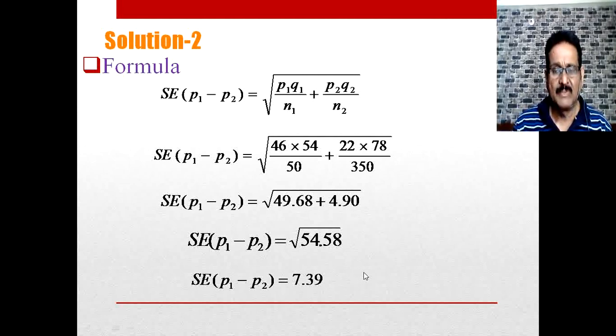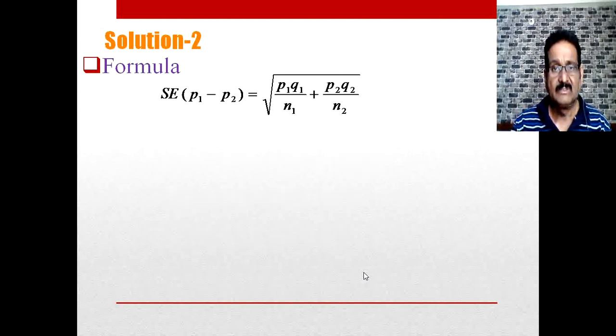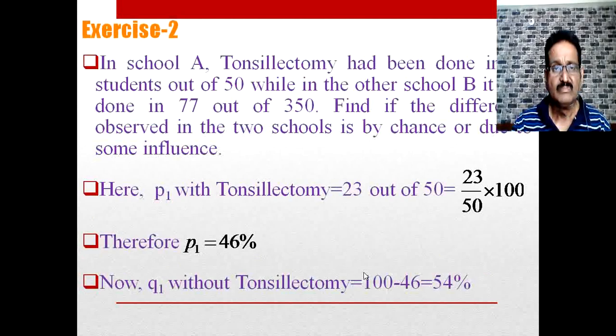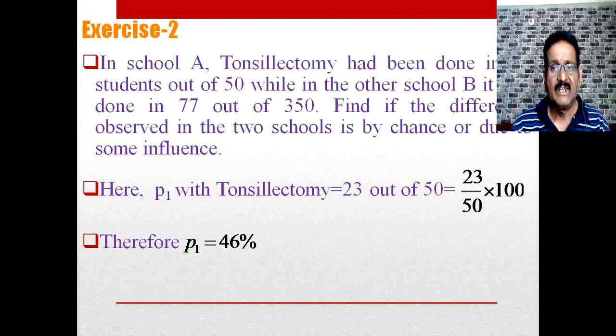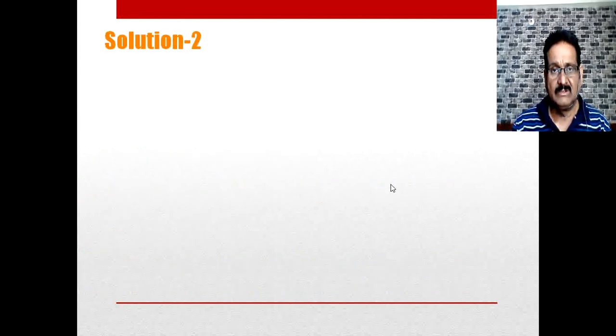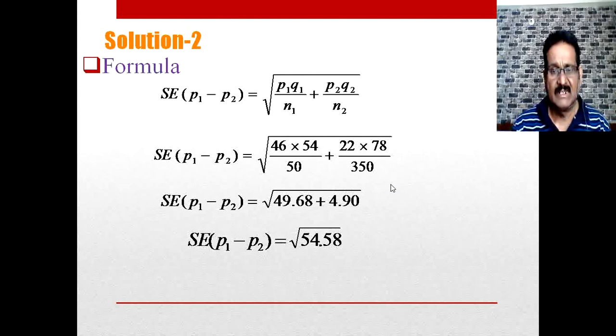Now, to observe whether the difference between the two schools is significant or not, the statement is again: the difference observed in the two schools is by chance or due to some influence. So this is the standard error, 7.39.